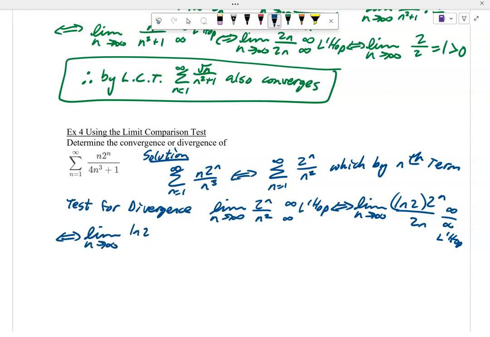So I have ln of 2, and then I take the derivative of 2 to the n, which is another ln of 2 times 2 to the n. Take the derivative of the bottom, which is just 2. So now I'm left with infinity over 2, which is infinity. Well, the nth term test for divergence says when I run this limit as n goes to infinity, if I get something that's not 0, then it diverges. So we know this thing diverges by the nth term test.